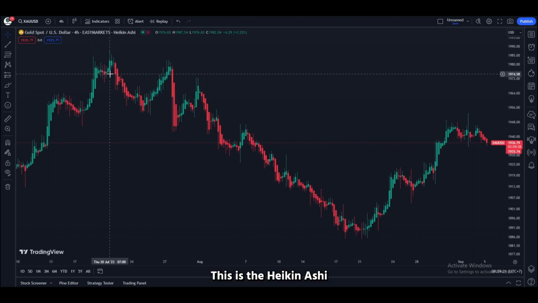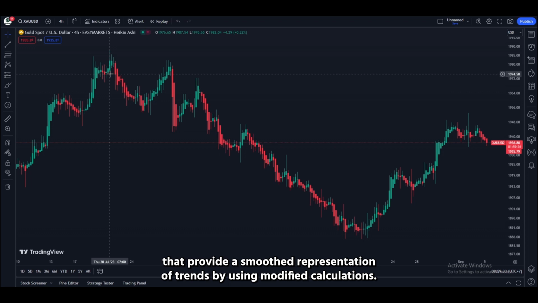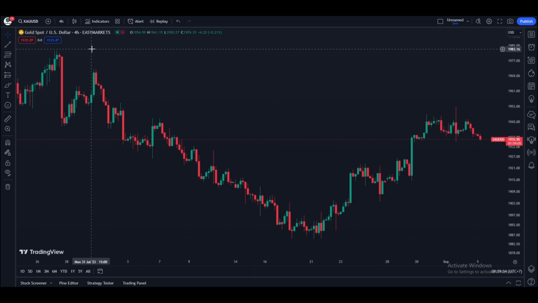But if we try to figure out the Heikin Ashi candlestick, this is the Heikin Ashi version of the candlestick. These Heikin Ashi candles provide a smooth representation of trend by using modified calculation. To get a clearer understanding about how Heikin Ashi charts are constructed, let's take a look at the chart.